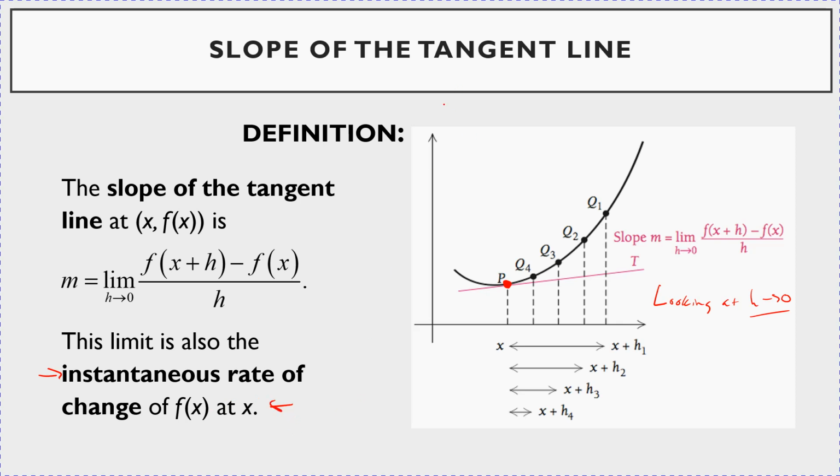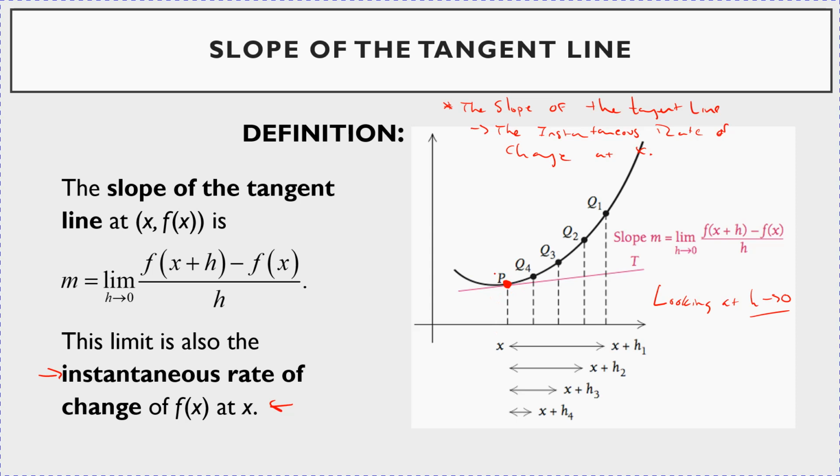So the slope of this tangent line t is the instantaneous rate of change of the function at x.